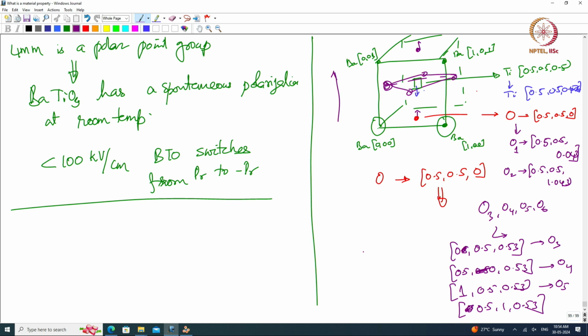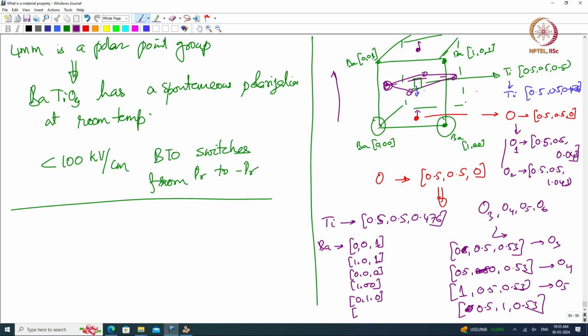Now the new oxygen positions O1, O2, right. The new titanium position is 0.5, 0.5, 0.476, and the new barium positions, barium is still symmetric, are 0 0 0, 1 0 0, 0 1 0, 1 1 0, then 1 2 3 4 5 6, I have a 1 1 1, and I am missing one more position, I think 0 1 1.